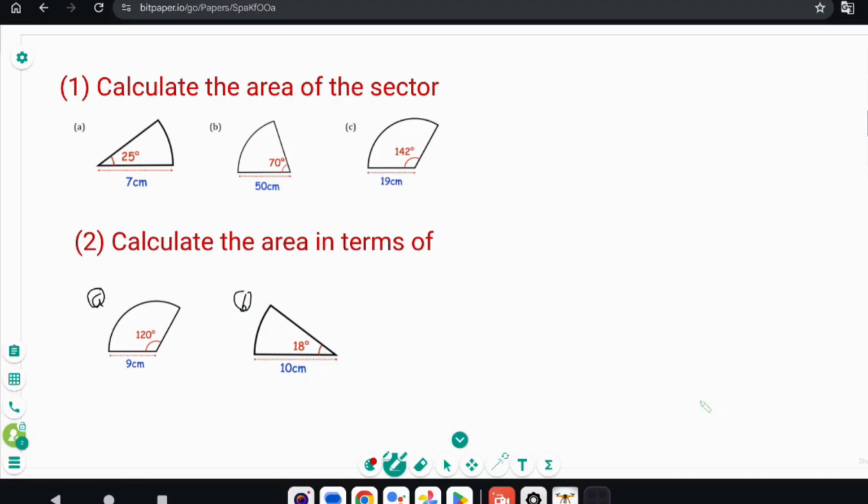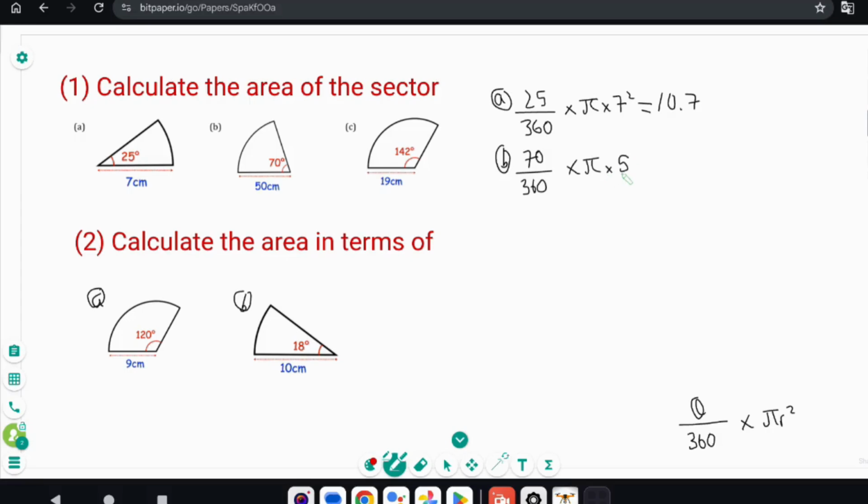So I'll just put the formula at the bottom here. So for A, 10.7. B, 1,527.1.